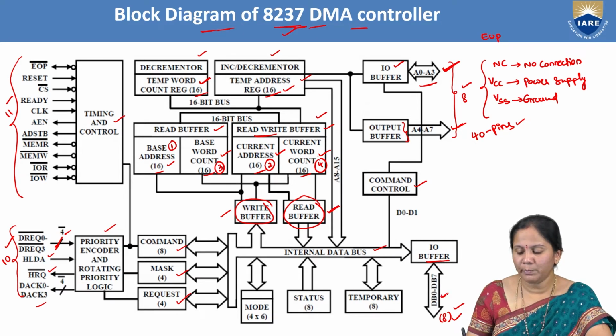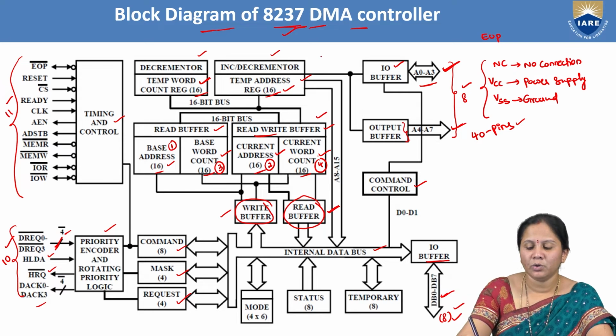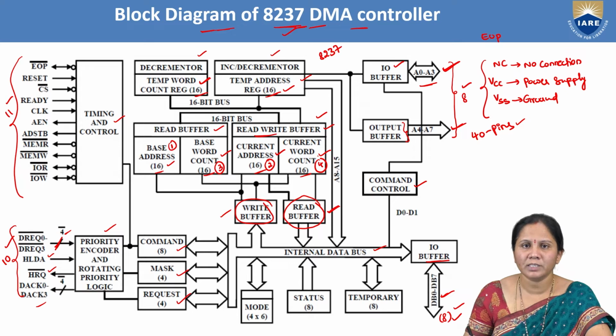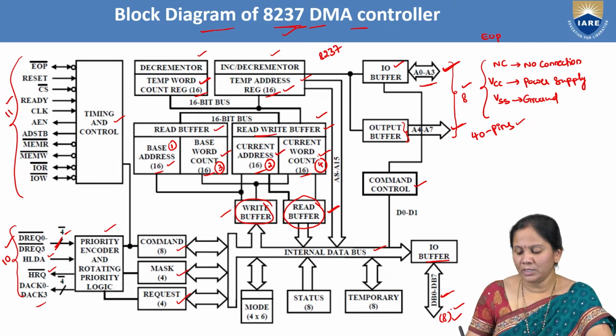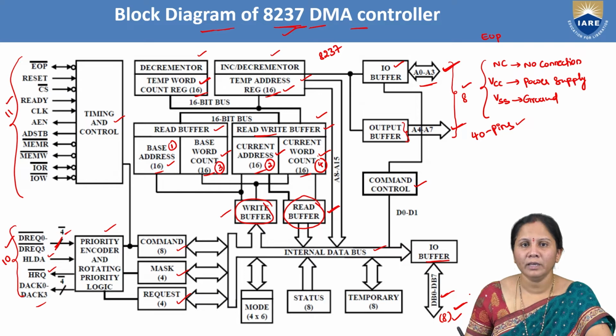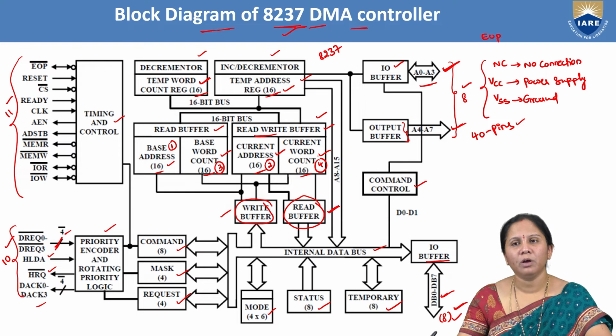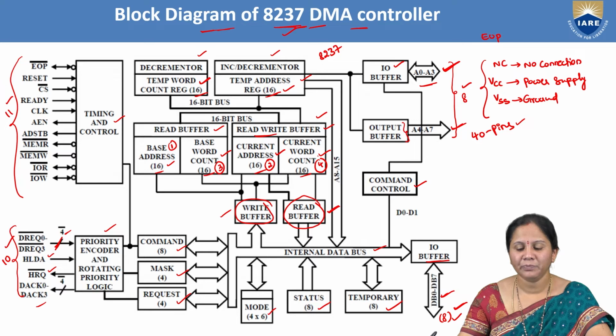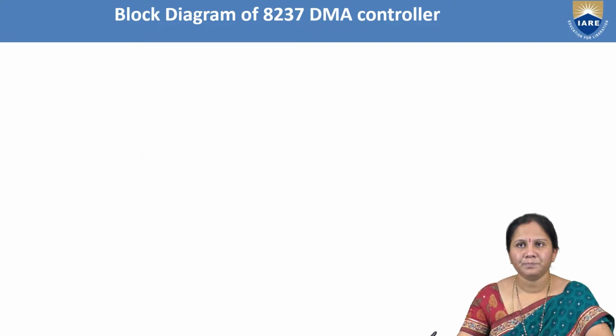So using this 8-bit bidirectional data bus, the 8237 DMA controller will be interfacing with the 8086 microprocessor, and the communication between the 8237 and the 8086 will be performed using these lines. Along with this, we also have the mode register, status register, and temporary register. Now we will discuss all these blocks and also the registers available in this block diagram in detail.